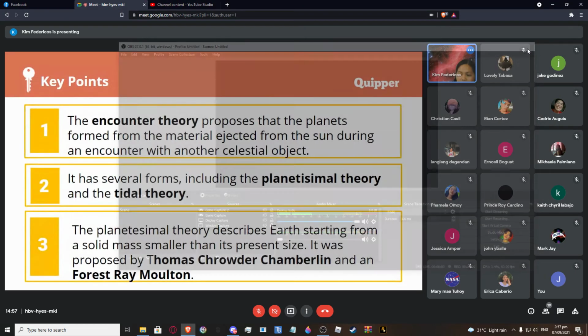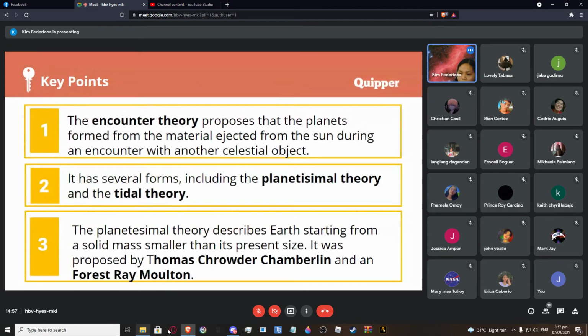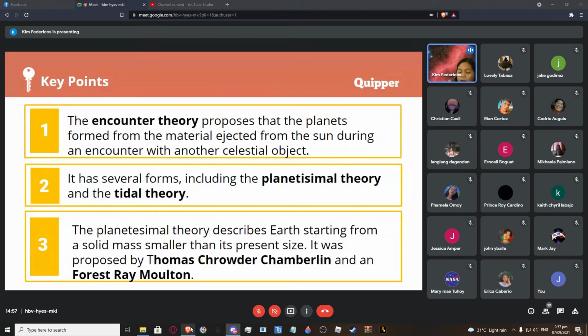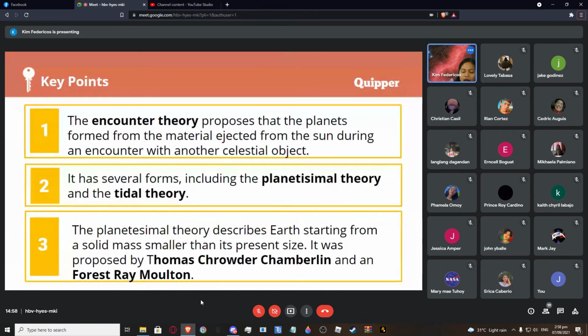Now, as for the tidal theory, the first event is that a star passes near the sun. Secondly, its gravitational attraction pulls the masses of dust and gas from the remaining nebula around the sun.